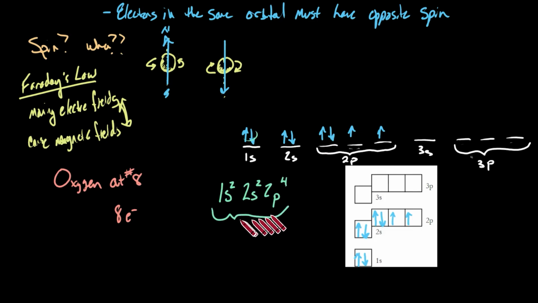This is the electron configuration of oxygen. 1s2, 2s2, 2p4.